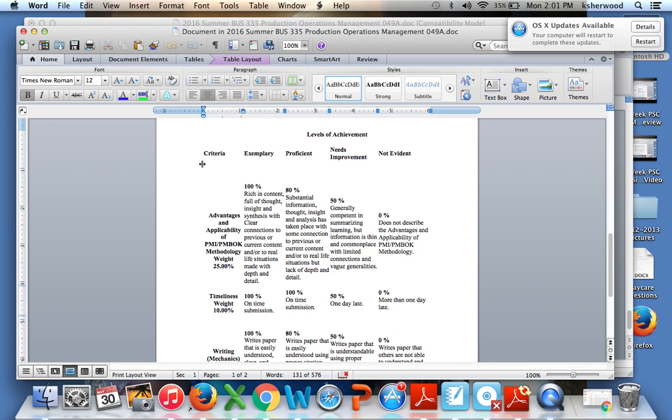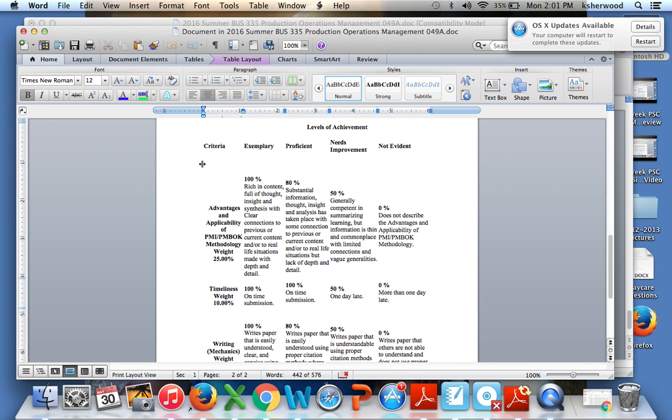And then the advantages and applicability for PMBOK and PMI. This is just like the prior paper where you were writing two bigger paragraphs. The first is on the company and then the individual. So for the company, some of the same similar benefits are applicable here as well.